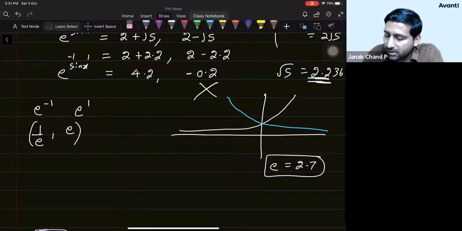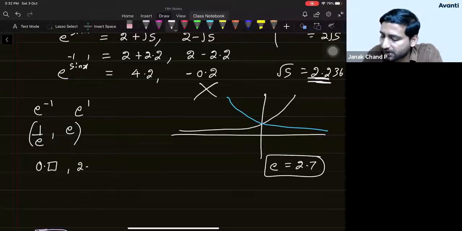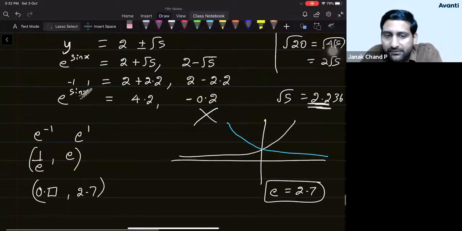So we know that 1 by e will be some decimal value. We don't want the actual value because e is greater than 1, and we surely know that the value of e is 2 point something. That means for any value of x that we put here, sin x will always lie between -1 and +1.